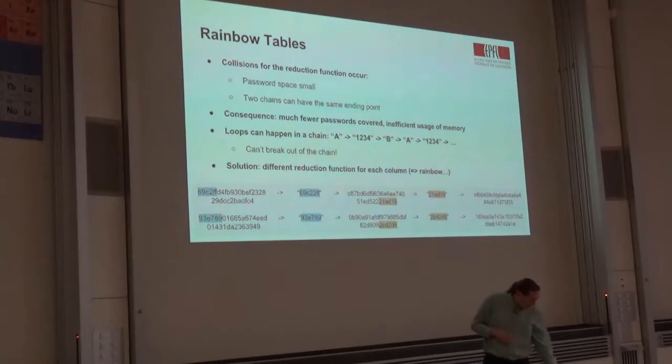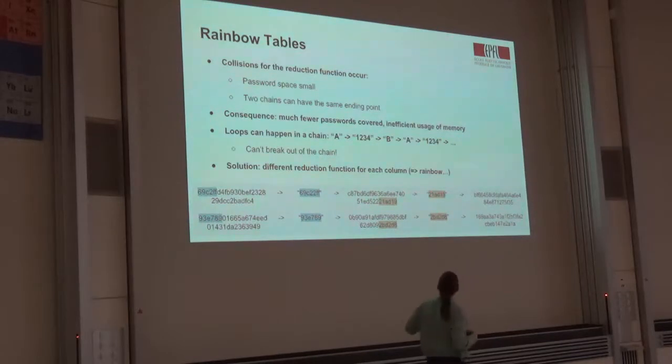So this is a potential issue. Fortunately, there's a fairly easy trick to solve that. We basically just tweak the reduction function, right? Because the reduction function is anything we want.